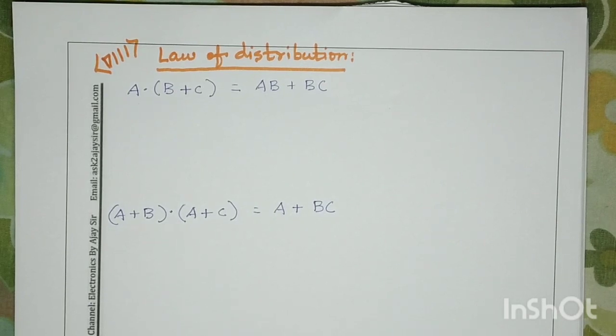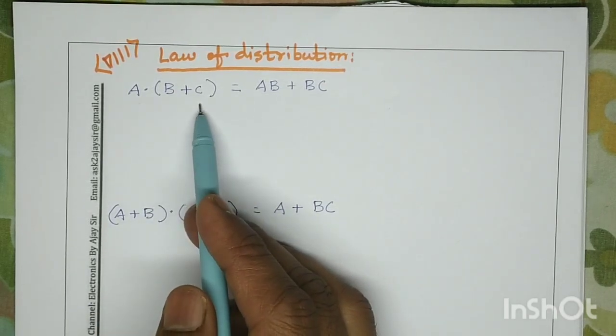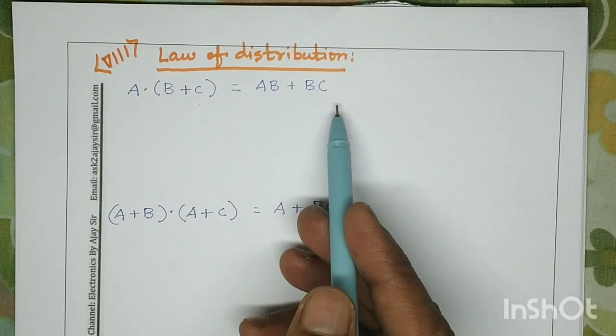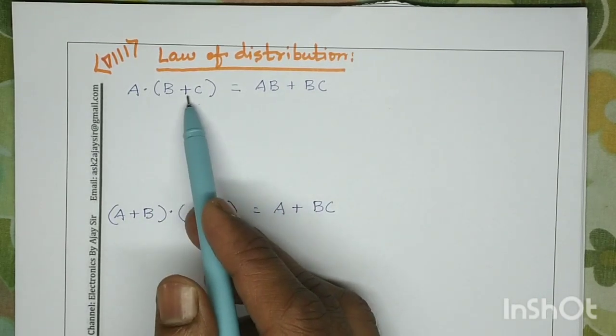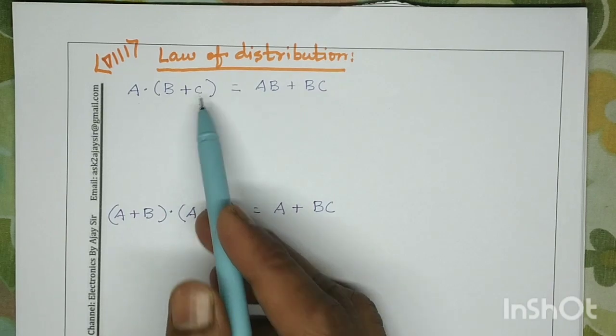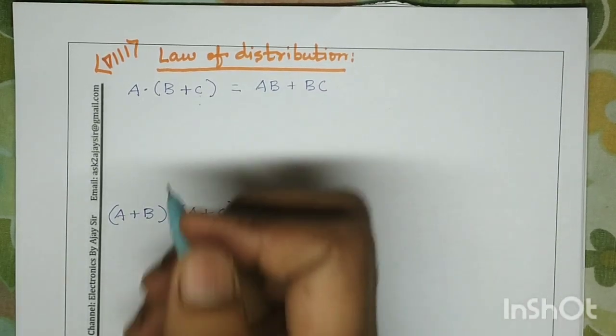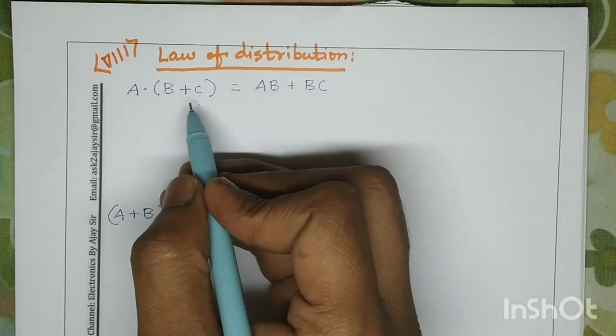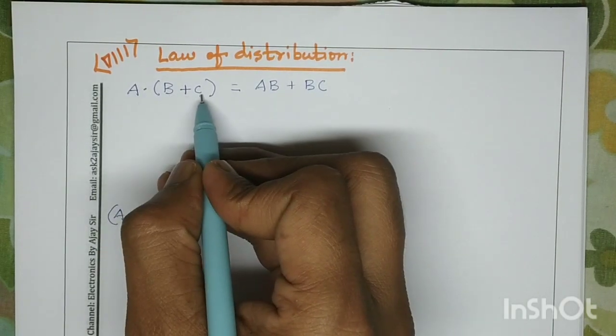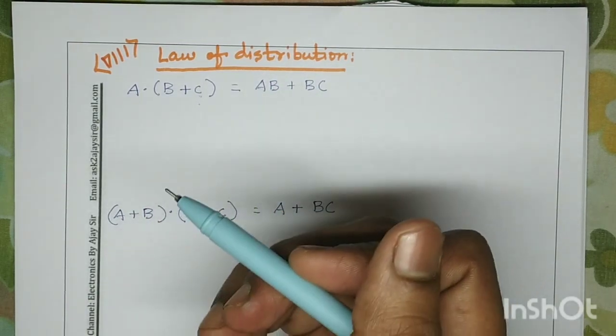So as we did in the last example, first we will implement the left side circuit, then the right side circuit. In this case, in the left side b plus c is written inside the bracket. So first we will generate b plus c. For this plus sign we need an OR gate, and there are two inputs, so I need a 2-input OR gate.